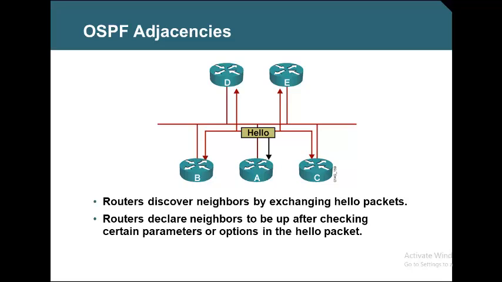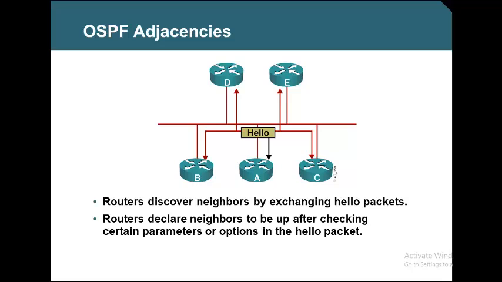Among them, a few parameters must match in order to form a neighbor. C and E cannot simply form a neighbor by only sending the router ID in the hello packet. They not only send the router ID, they send an area ID. They also send timers, the dead time. They also send the subnet in which they are, and much more.